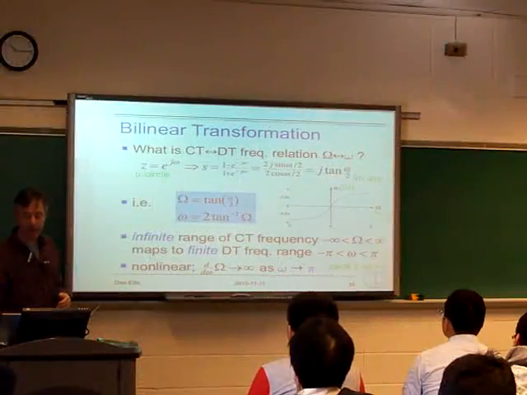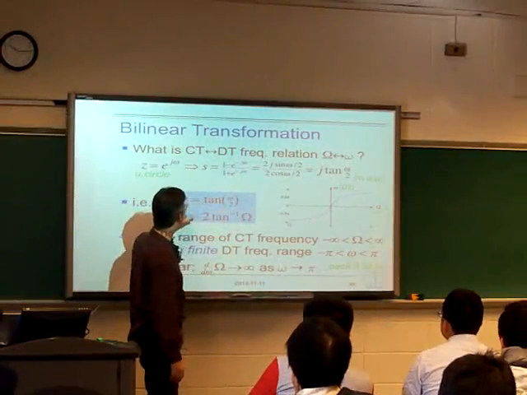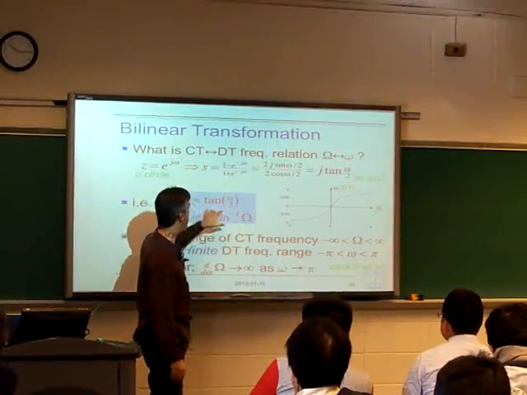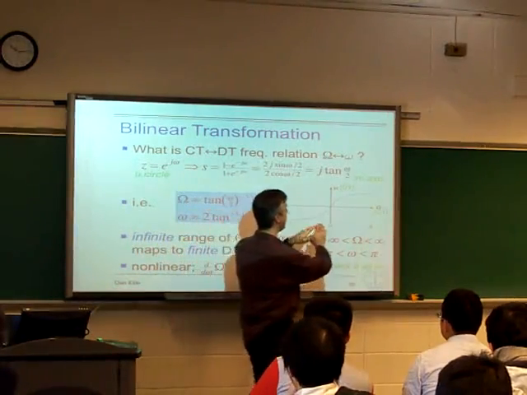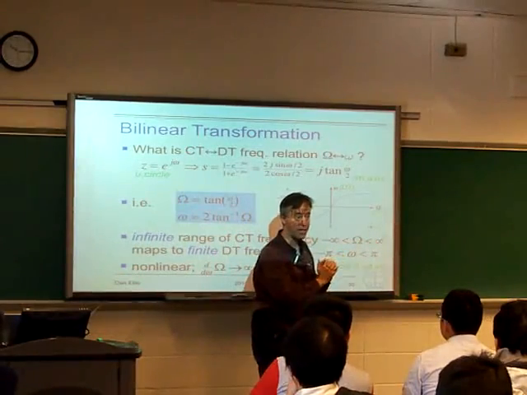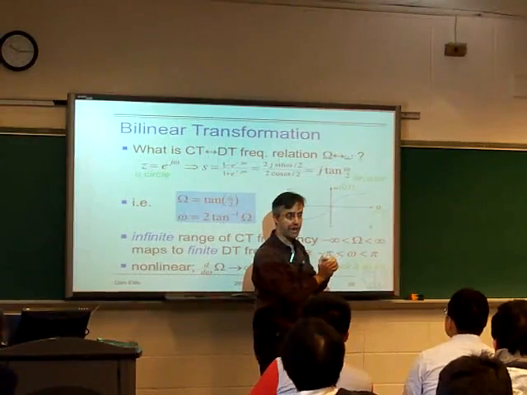Okay, so we can do that, and then when we do that, we end up with this relationship between the continuous time frequency values and the discrete time frequency values, which has to be a mapping of an infinite frequency axis in continuous time onto a finite range of frequencies in discrete time.